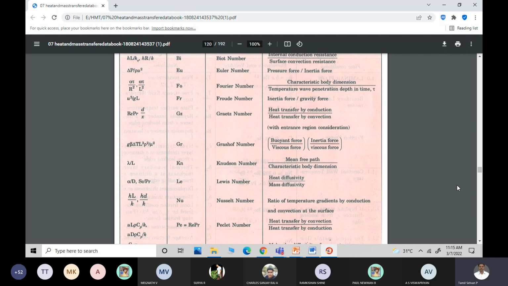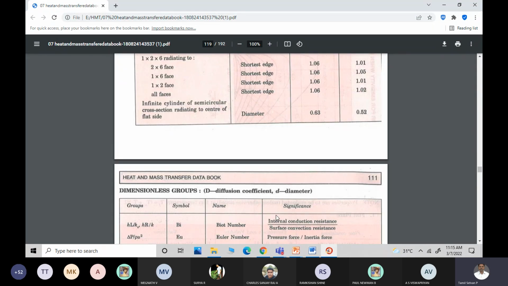You may ask a question, sir, whether Biot number and Nusselt number are the same. No, because both are hL by k or hD by k. If it is a cylinder or sphere, we have to take the diameter. If it is a flat plate, then we will be taking the length. So Nusselt number is equal to hL by k. Similarly, Biot number is also equal to hL by k.